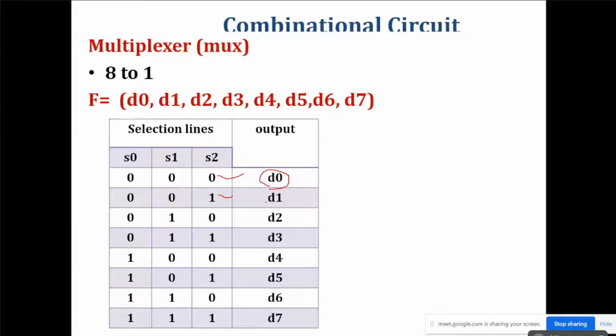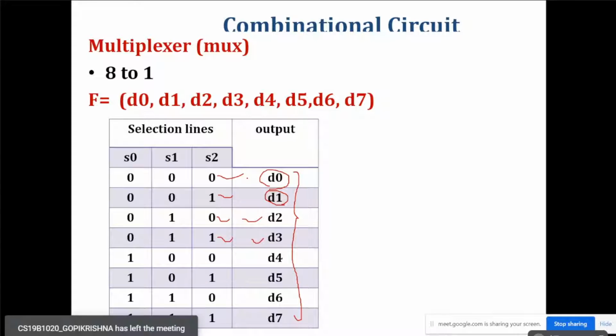If 0, 0, 1, it will be D1. If 0, 1, 0, it will be D2. 0, 1, 1, the output will be D3. Because D0 to D7, we assume that these are the 8 inputs of this 8 cross 1 or 8 to 1 multiplexer or mux. So here for the 1, 1, 1 combination, the output will be D7.